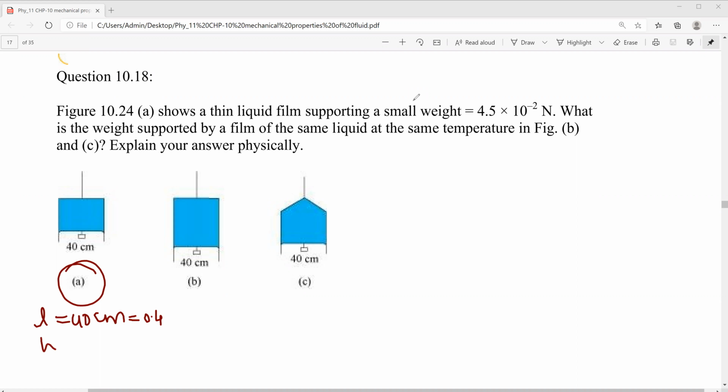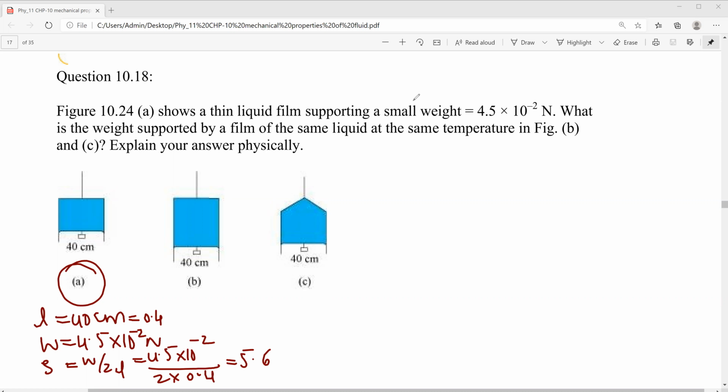The weight they have given is 4.5 into 10 to the power of minus 2 Newton. The liquid has two free surfaces. Therefore, surface tension is calculated by using the formula W divided by 2L, that is 4.5 into 10 to the power of minus 2 divided by 2 into 0.4. If you simplify this, surface tension we got is 5.625 Newton per meter.